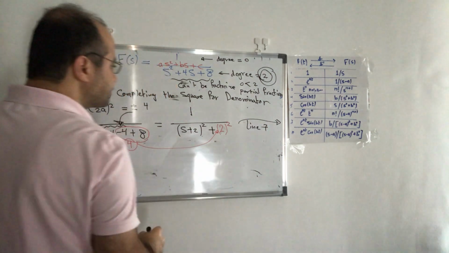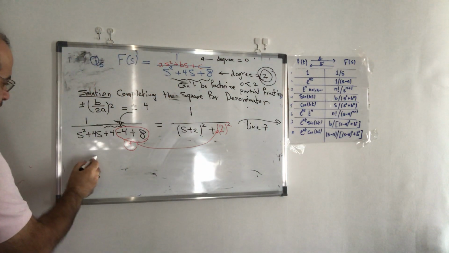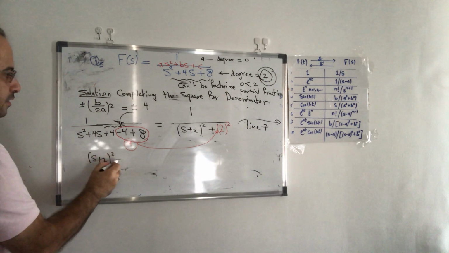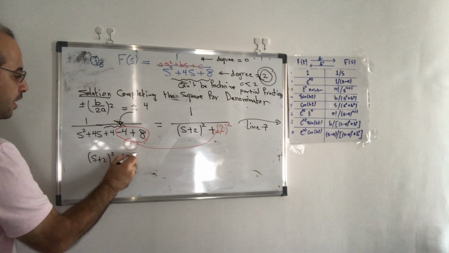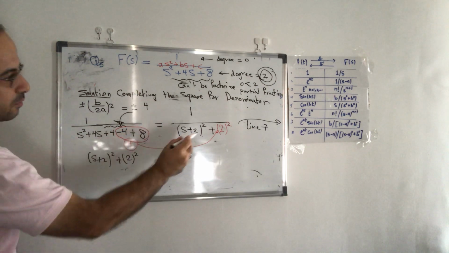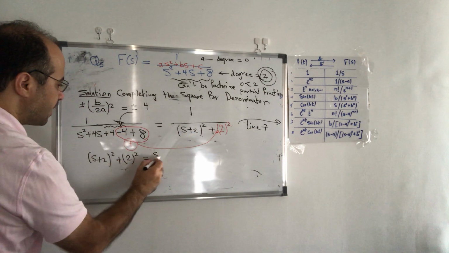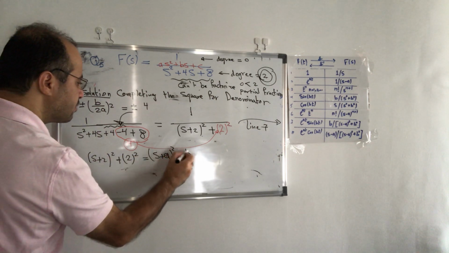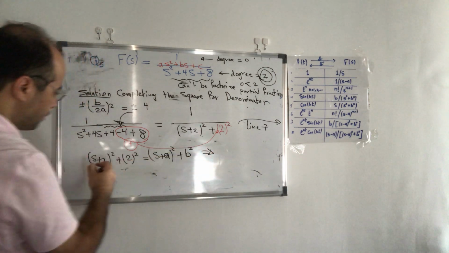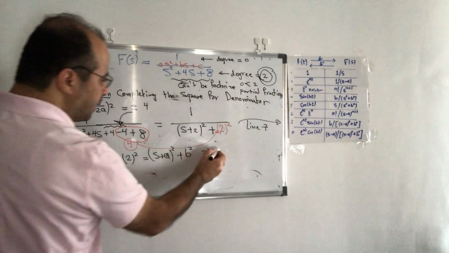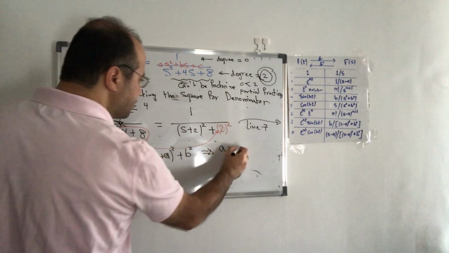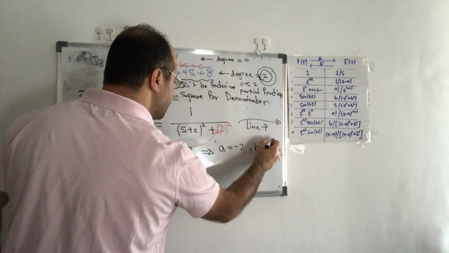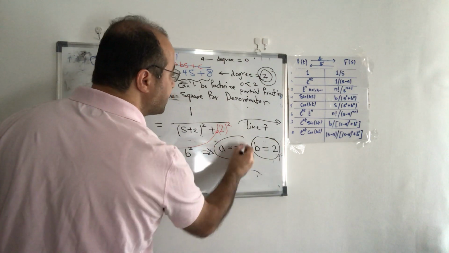Comparing, (s plus 2) squared plus 2 squared, denominator equals denominator, equal to (s plus a) squared plus b squared. Now can you tell me what a is and what b is? Clear, a should be minus 2 and b should be 2. Good. So we have the b and we have the a.